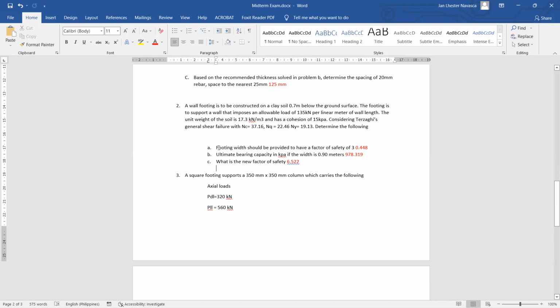Footing width that should be provided to have a factor of safety of 3, ultimate bearing capacity in kPa if the width is 0.9, and what is the new factor of safety? So this problem is already included dun sa binigay kong example problems in design of foundation.